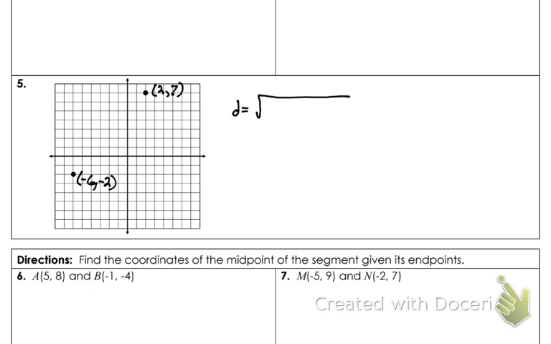So it should look something like this. We'll take our 2 x values and subtract them. So that'd be 2 minus a negative 6 squared, plus, let's subtract our y values. We have 7 minus a negative 2 squared.